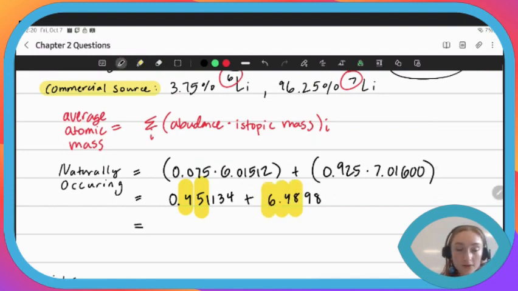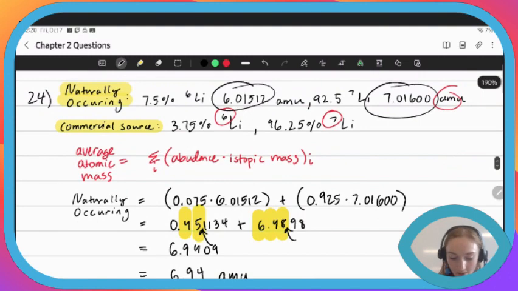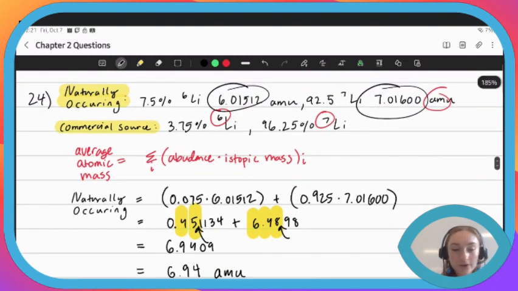When we add these two terms together, we can see both end at the 100th place. So our final answer will be 6.9409, but then we round it to the 100th place, keeping in check the significant figures, in units of AMU. So that's the average atomic mass, the naturally occurring.